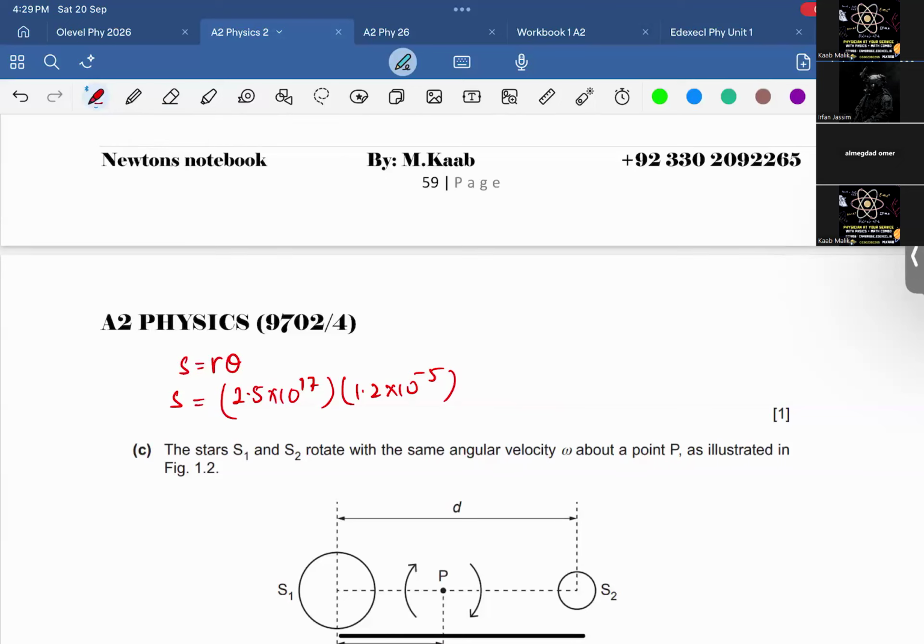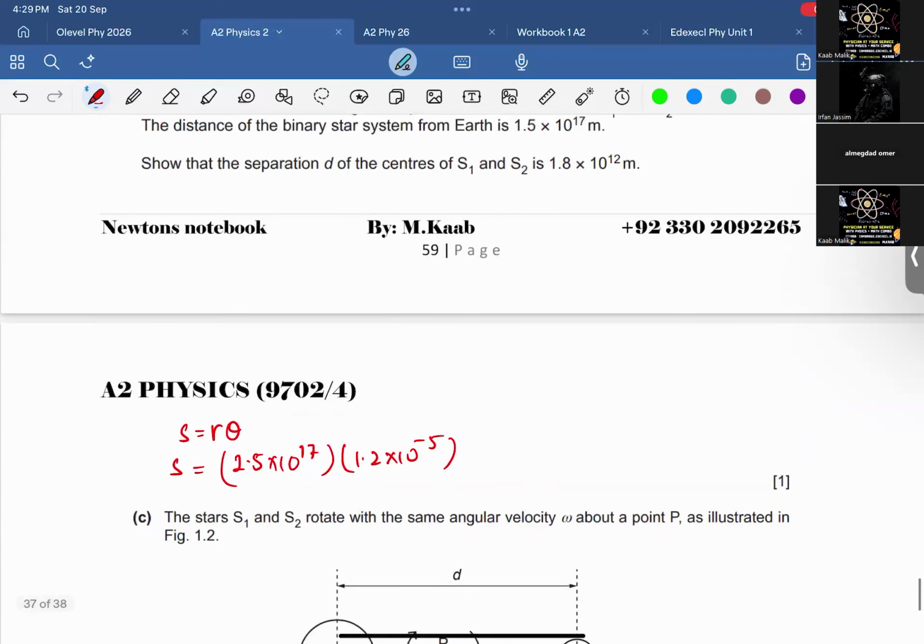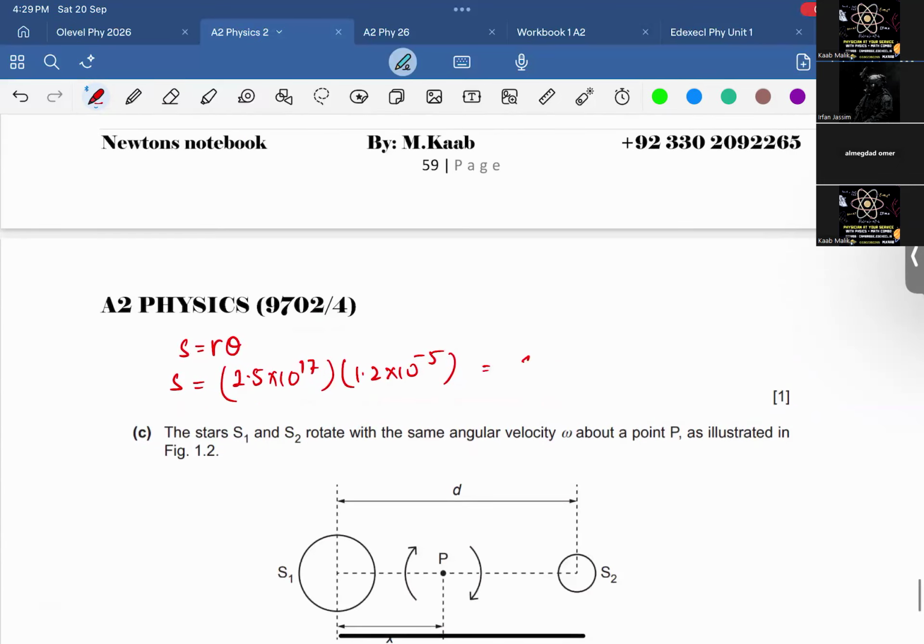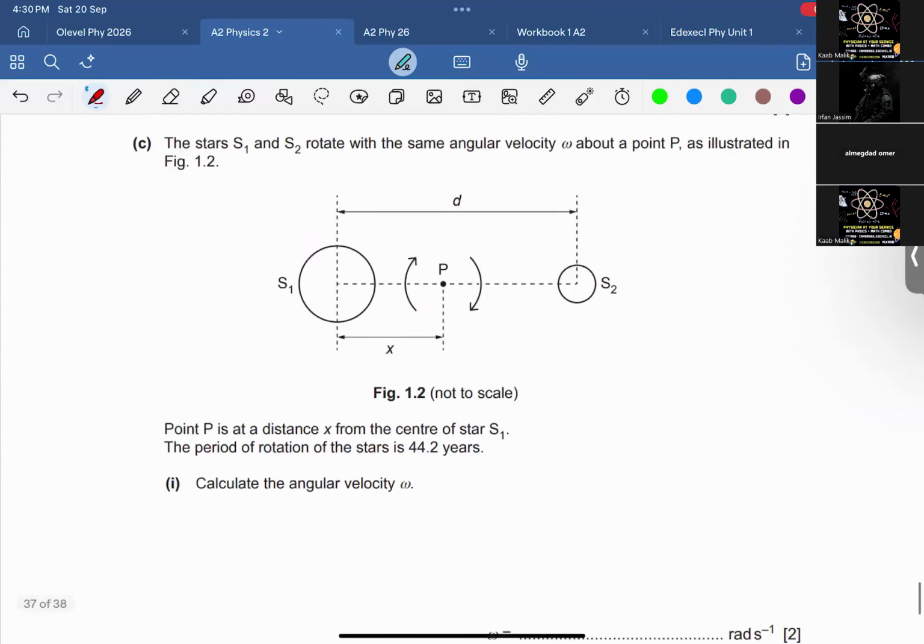Yes, 1.8 into 10 to the power 12. Exponent 12, and this is in meters, right? Yep. Okay, let's move on.